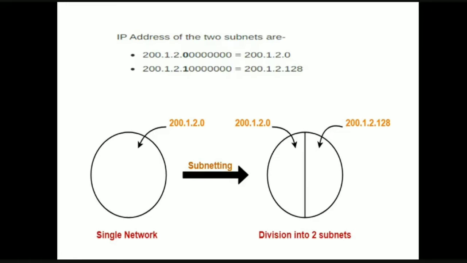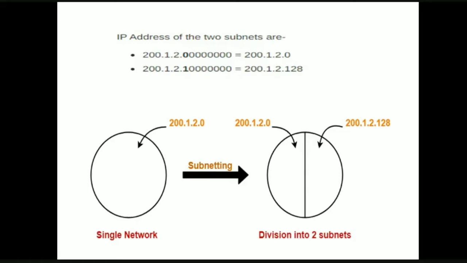We have borrowed this bit from the host ID part and made it a subnet ID, and all the other bits we left as 0. So what will be the subnet address of the first subnet? 200.1.2.0.